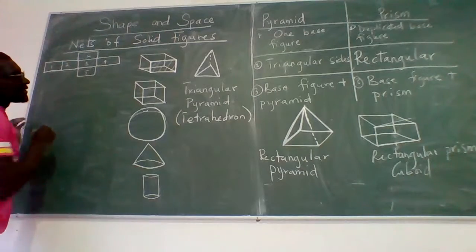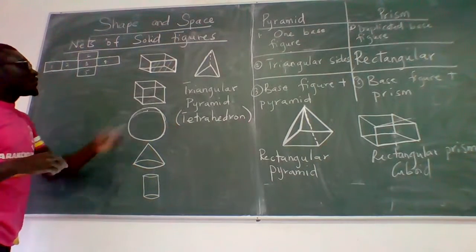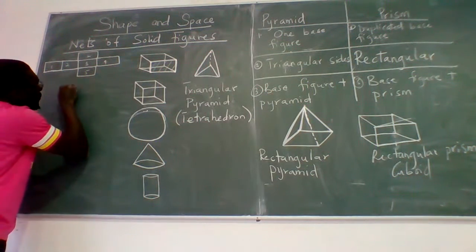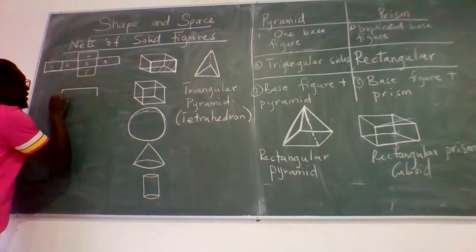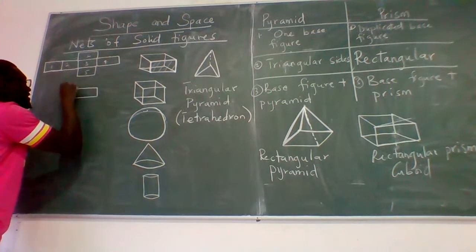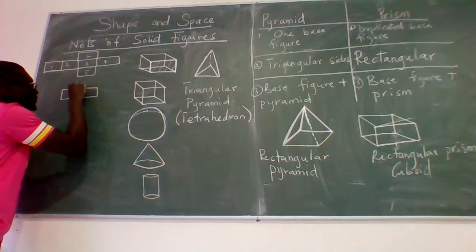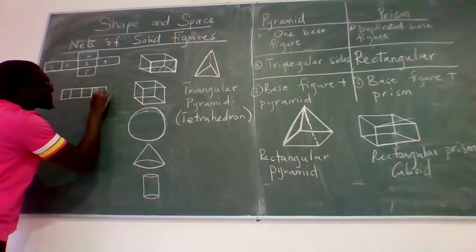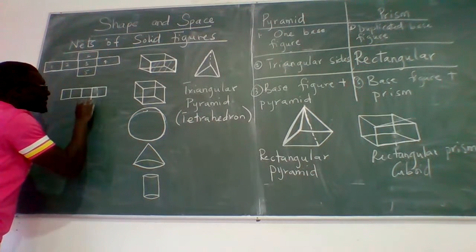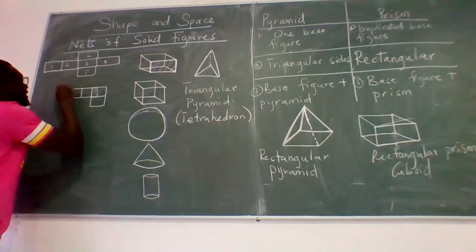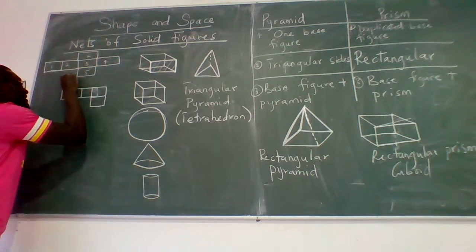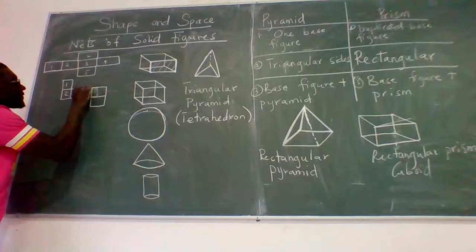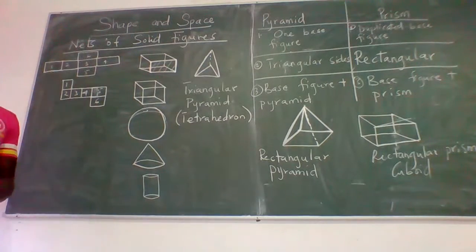When I take the cube, the cube also has 6 faces. So the net will also look similar to what we have for the cuboid. Only that this time around, you know that all the sides are going to be equal. I can decide to put the 5th here and then even put the 6th one here. It doesn't matter. All that matters is that at the end of the day, I have 1, 2, 3, 4, 5, and 6 faces.